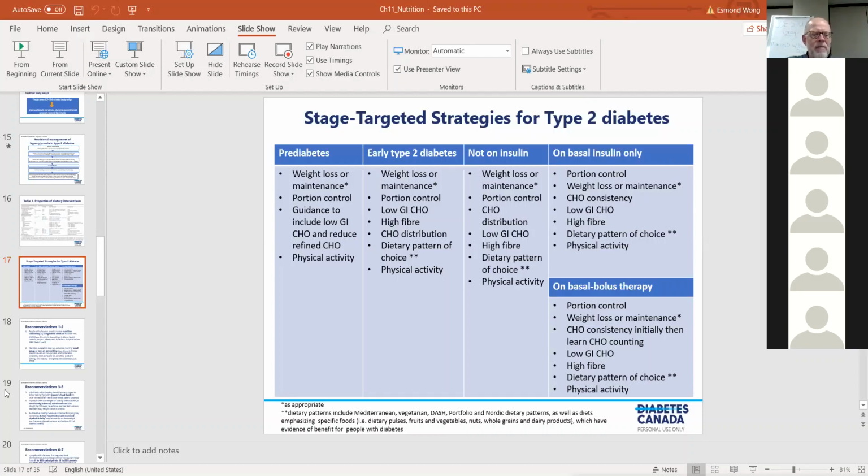Now, for someone on basal bolus insulin therapy, our focus for food would be on carbohydrate counting in some form. That's looking at either carbohydrate portions.